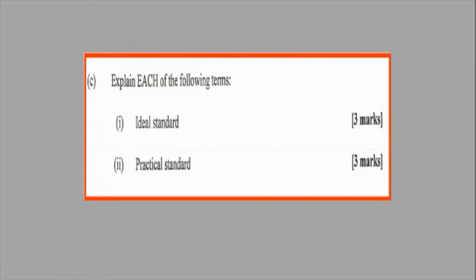Part C, explain each of the following items: an ideal standard and a practical standard. This has to do with standard costs, and it deals with each type of standard.